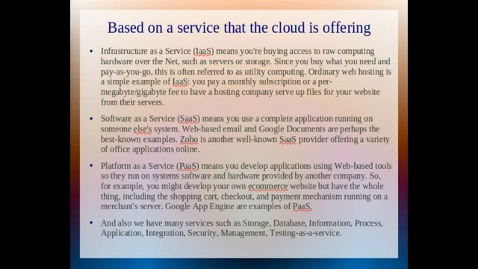Since you buy what you need and pay as you go, this is often referred to as utility computing. Ordinary web hosting is a simple example of IaaS. You pay a monthly subscription or a per megabyte, gigabyte fee to have a hosting company serve up files for your website from their servers.